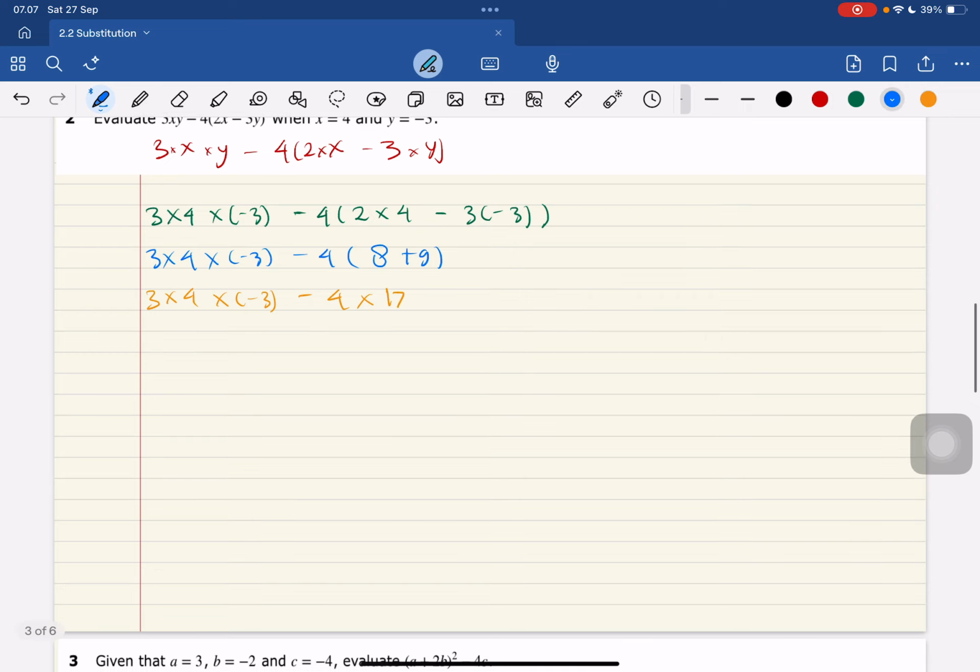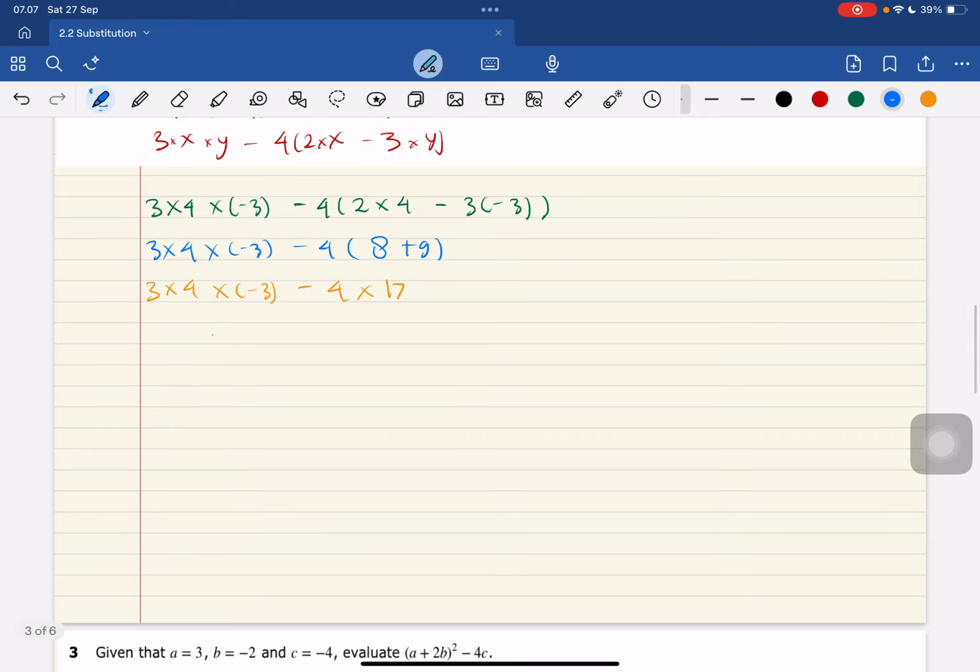So we can multiply it, the right side. So this will give us the answer of minus 36 and then minus again 4 times 17. So 4 times 17 is 68. So this will give us the answer of minus 36 minus 68. So this is minus 104.